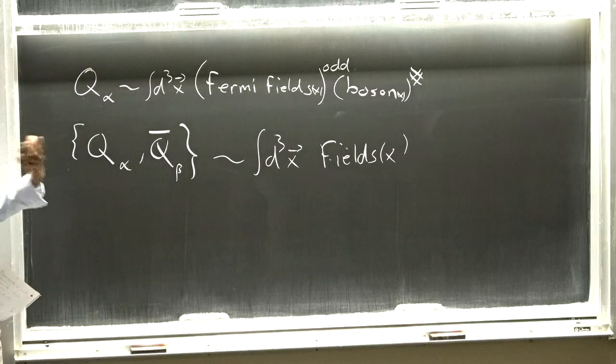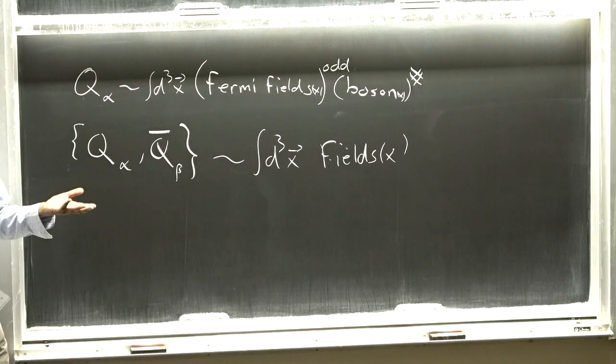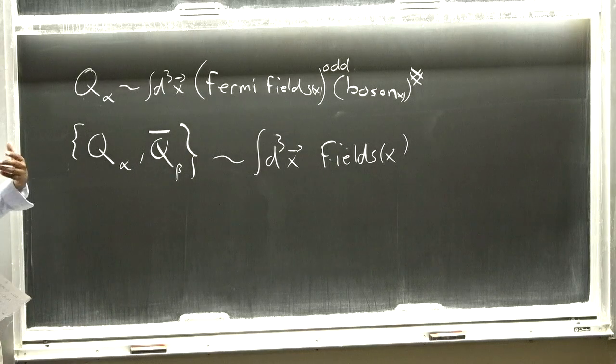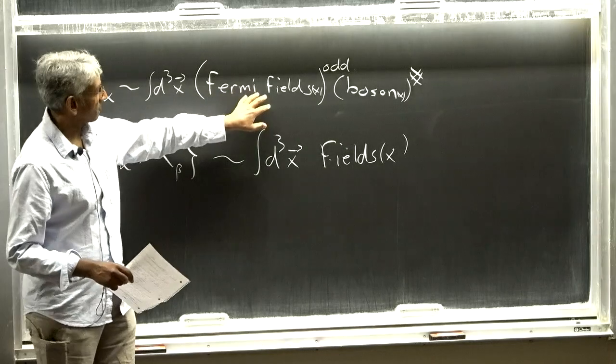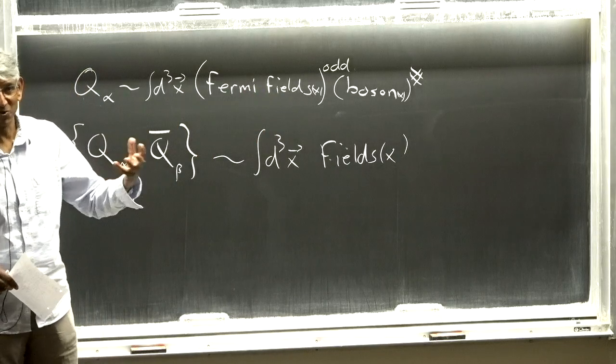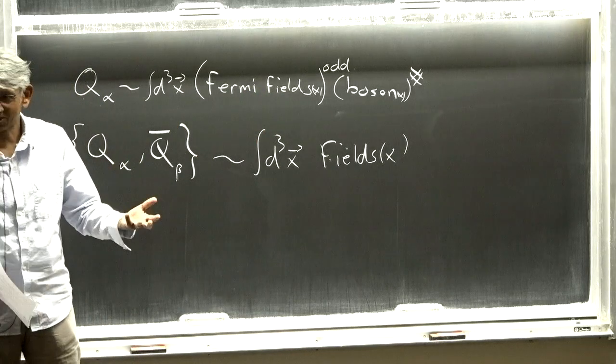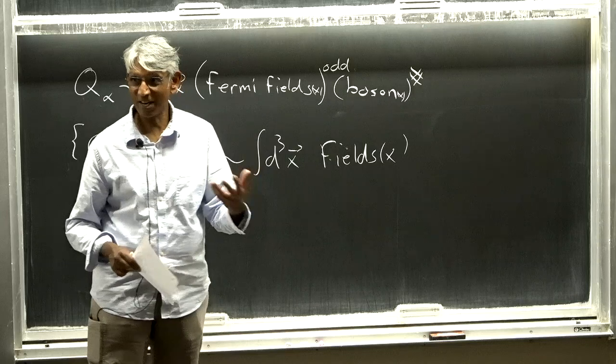And the quick reason, which I'm leaving as an exercise for you to check, is that when we do this anti-commutator, we have to remember that the Fermi fields anti-commute. They have canonical anti-commutation relations, and these have canonical commutation relations.